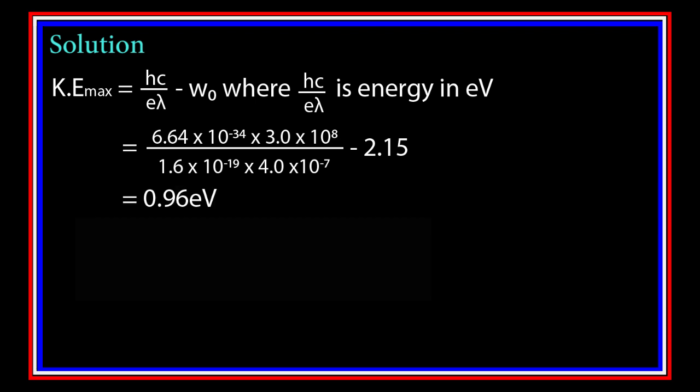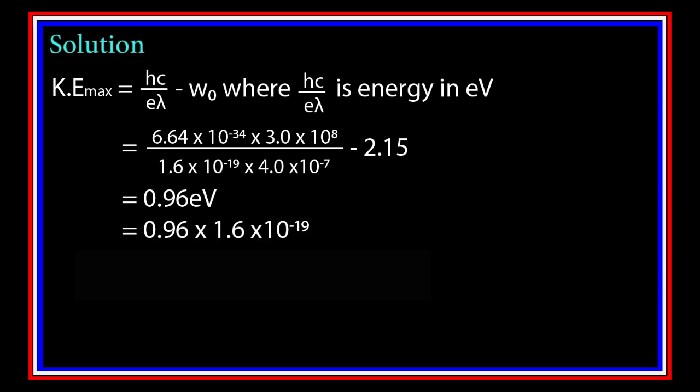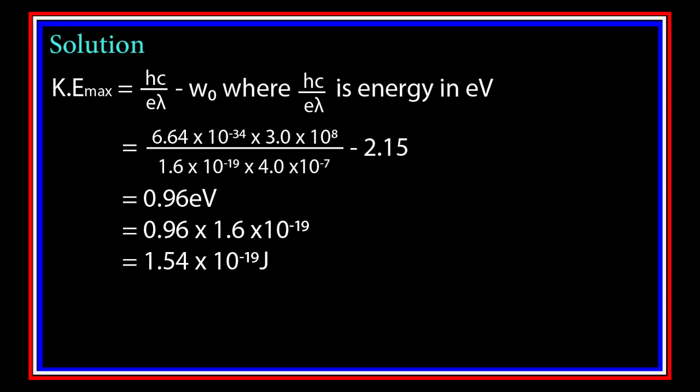This is equal to 0.96 eV, which is 0.96 times 1.6 times 10 to the power negative 19, equal to 1.54 times 10 to the power negative 19 joules.